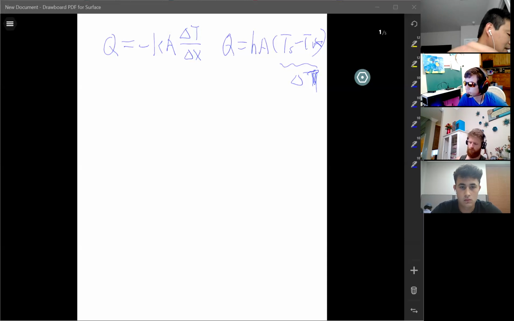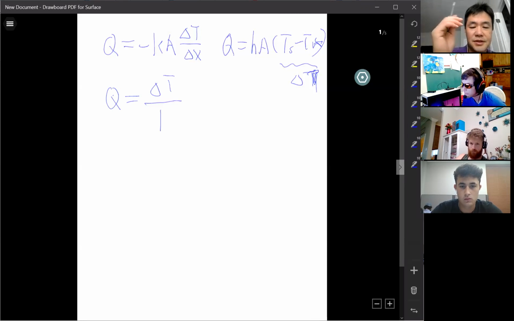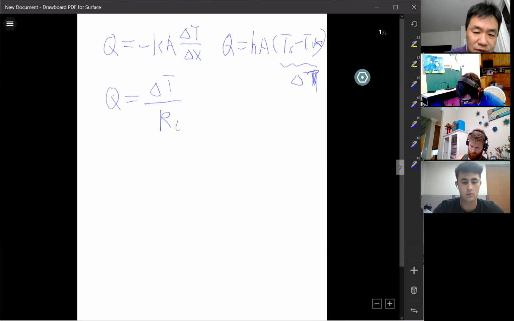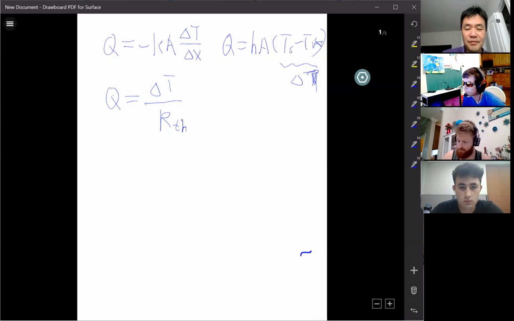What is thermal resistance? Basically it says Q equals delta T over a thermal resistance. Let's call it R_th. Sometimes people use an R value that's totally different. Engineering books probably still need the R value, but for calculation purposes this seems easier.